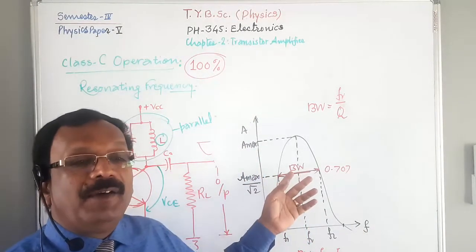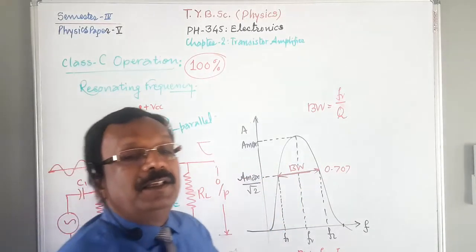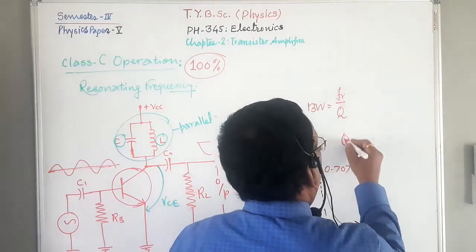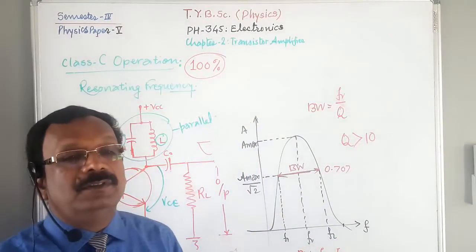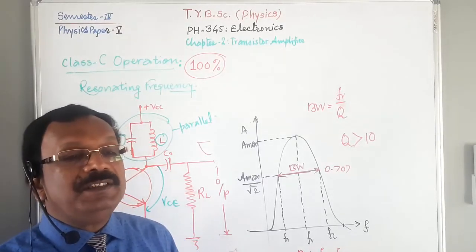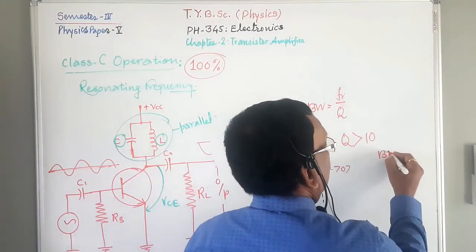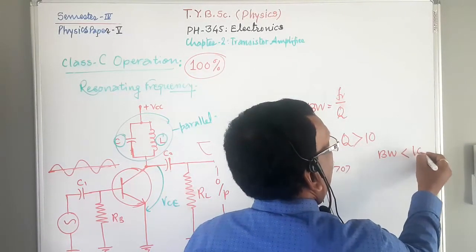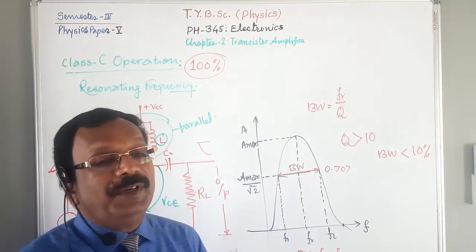A class C amplifier has a quality factor Q always greater than 10. This means that bandwidth is less than 10% of the resonating frequency.